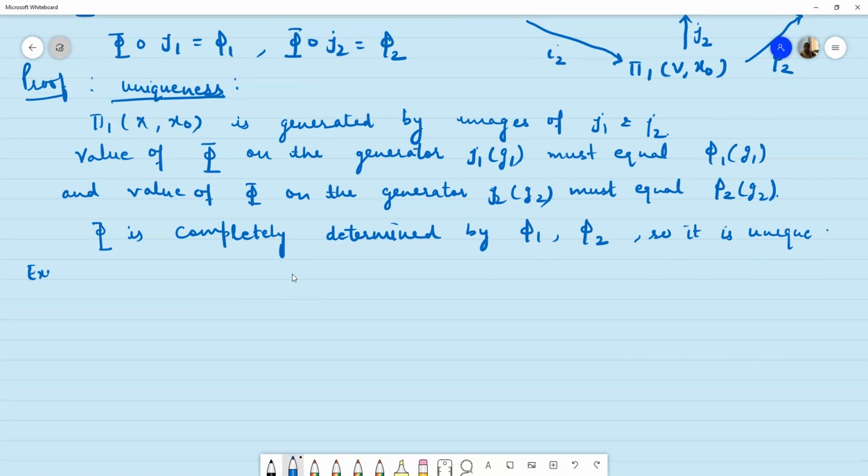Now we prove the existence part. For the existence part, we first define some notations.